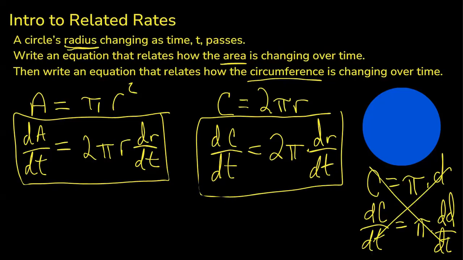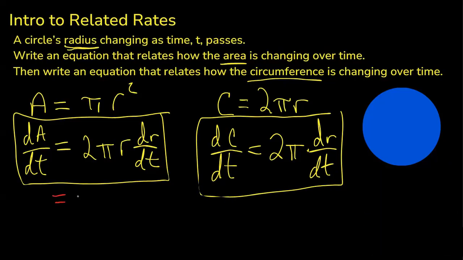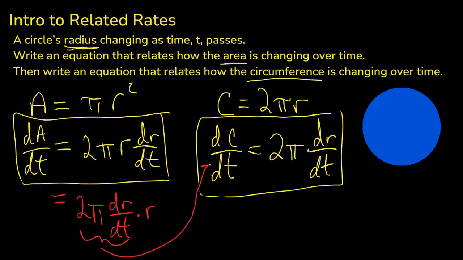One other thing I want to point out is that this area equation, if we rewrote it as 2 pi dr/dt times r, I just rearranged the multiplication. Notice that the 2 pi dr/dt is the same as the equation for the circumference.